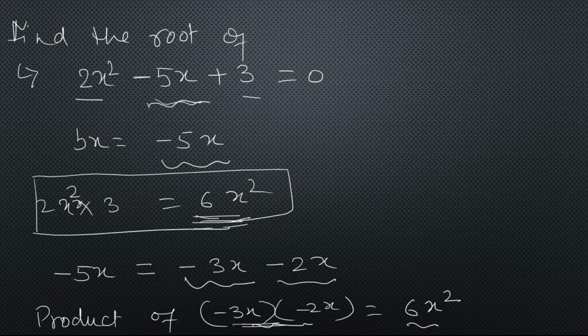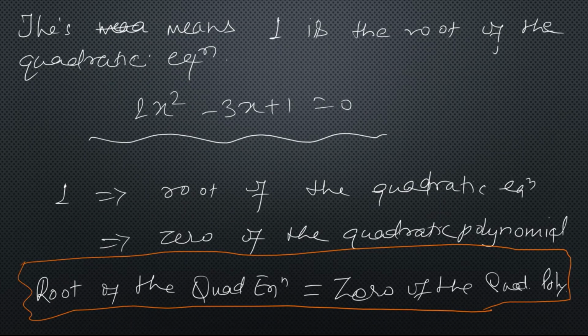Okay, so we will write it properly now. This much I explained so that you can understand how we are splitting it. Now we can write it properly. So, 2x square minus 5x plus 3 is equal to 0.